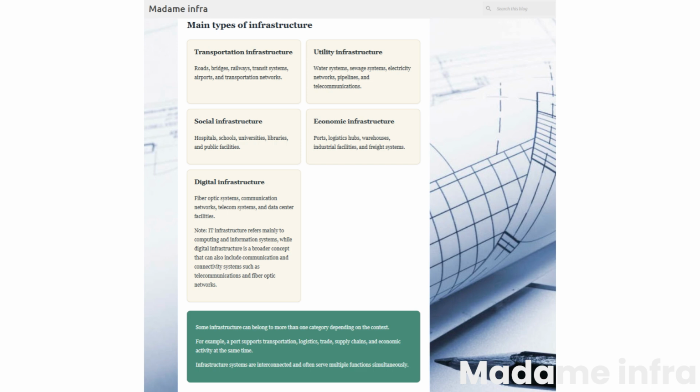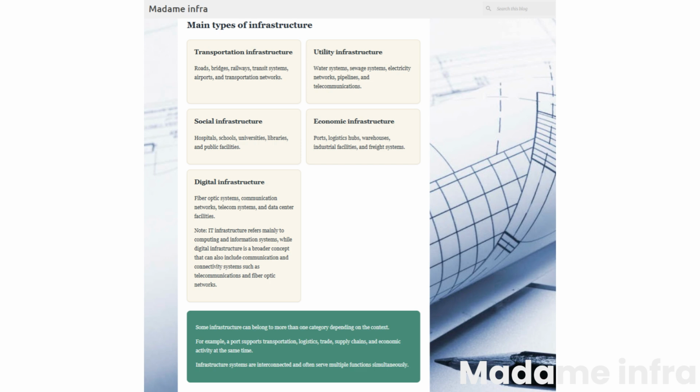Economic infrastructure: ports, logistics hubs, warehouses, industrial facilities, and freight systems. Digital infrastructure: fiber optic systems, communication networks, telecom systems, and data center facilities. IT infrastructure refers mainly to computing and information systems, while digital infrastructure is a broader concept that can also include communication and connectivity systems, such as telecommunications and fiber optic networks.